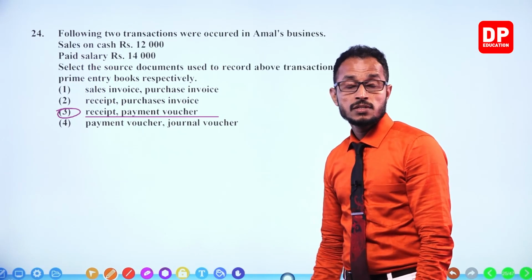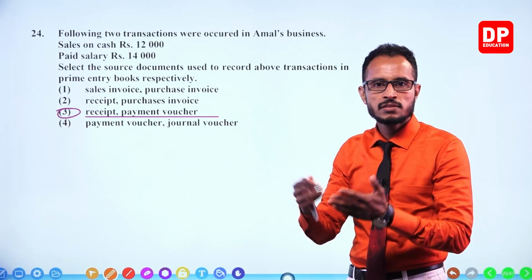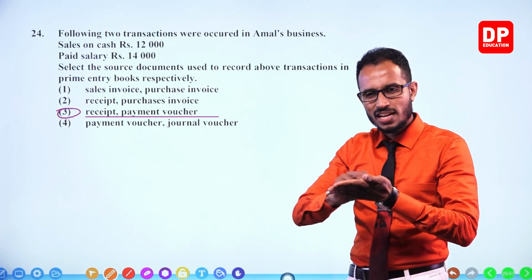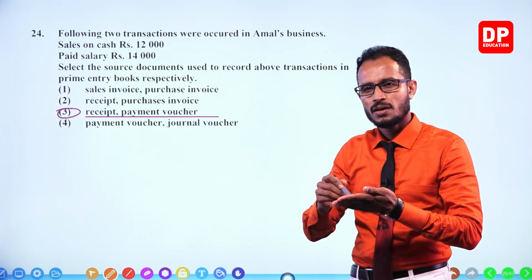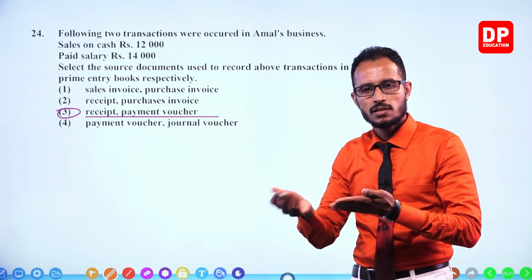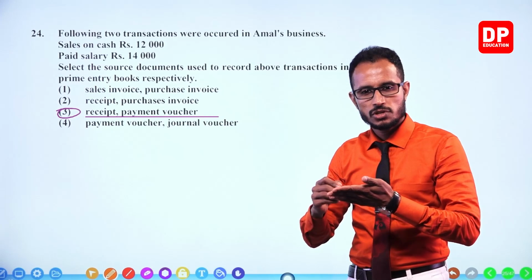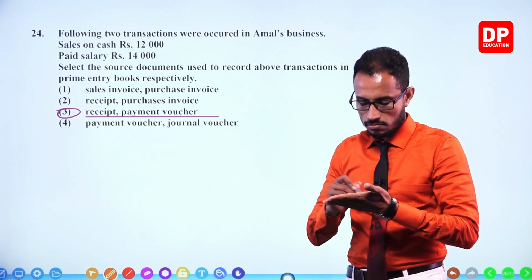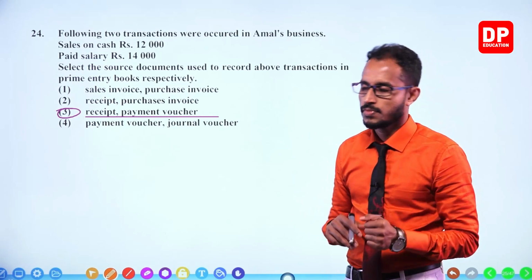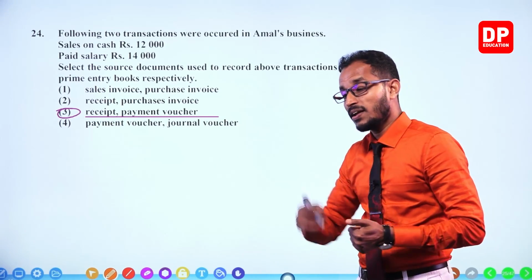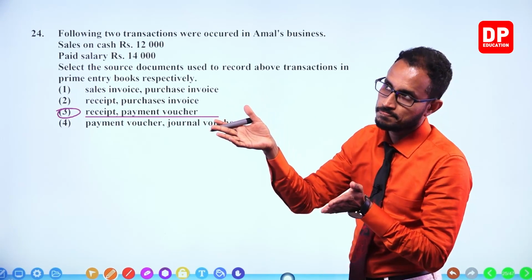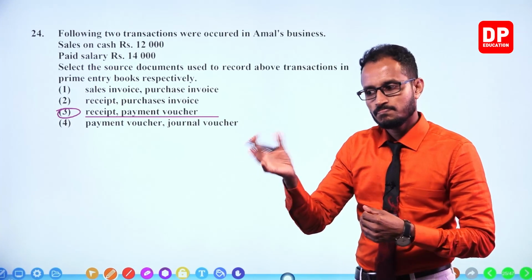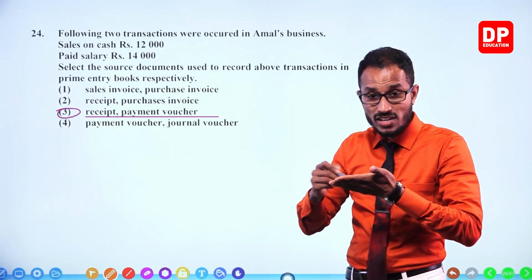When you receive cash, cash comes in, right? So cash receiving, the document, the bill. When I say the word bill, you should take a bill when you go to a shop and buy goods. But if you buy high valued goods like a TV or an LED, a home theater system or a phone, you take a bill.